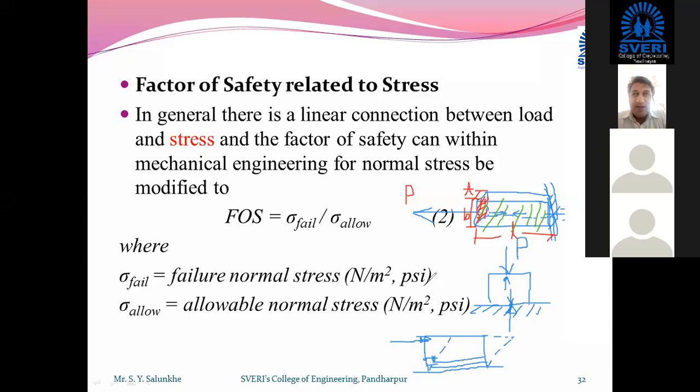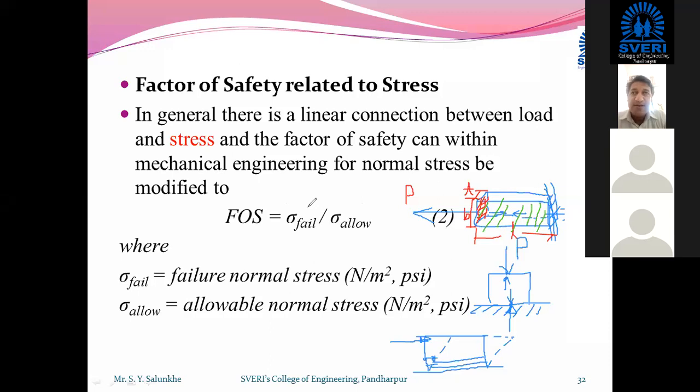Here you can put the value of sigma. Sigma F is nothing but the failure load divided by cross-sectional area, divided by the allowable force divided by cross-sectional area. The cross-sectional area is not going to change, hence it will get cancelled, and we get the same equation as the previous one.